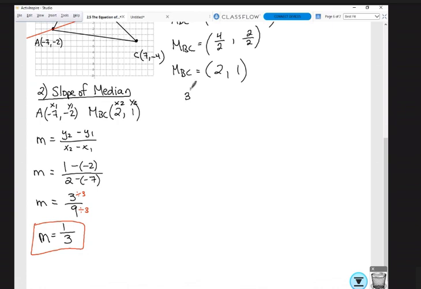And then step number 3 here, folks, is the equation of the median. So we have the slope, which is 1 over 3. And now we need at least 1 point on the line. Just to be consistent, I'm always going to choose the midpoint.